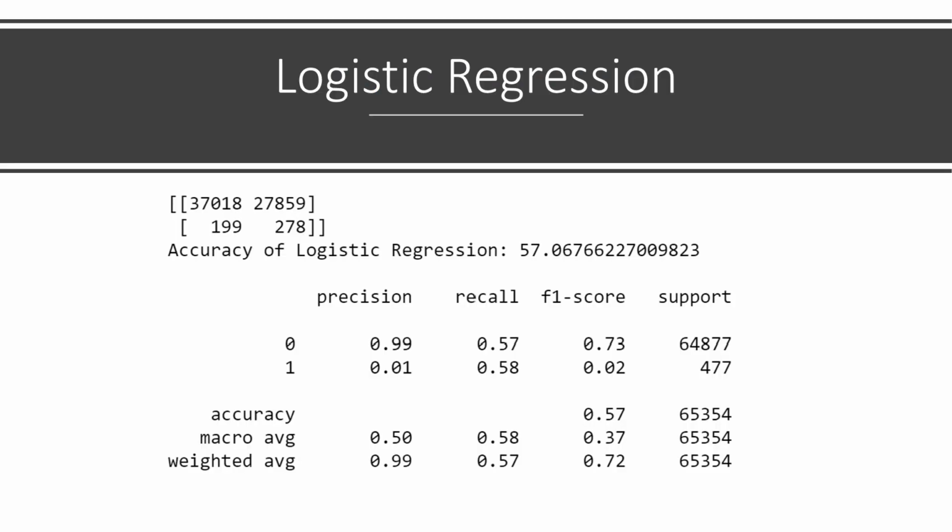And here comes the logistic regression, where the model mostly predicts a dependent variable by analyzing the relation between one or more existing independent variables. Here I got 0.57 as my accuracy, like 57%.